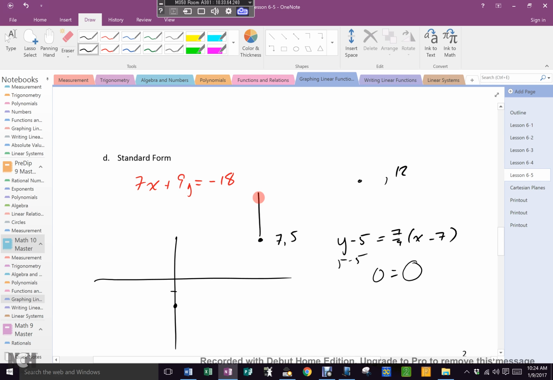I went up 7 from 5 to 12. And then how far do I have to run? 9. Which is 7 to what? 16. Is that an X? Why are you confused?